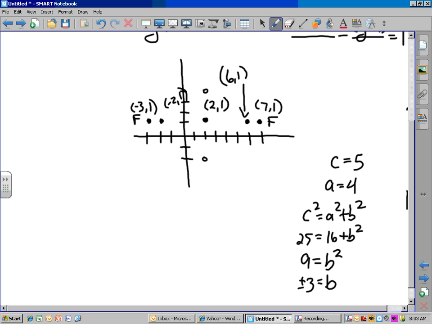Okay, and we can label those points if we want. That would be 2, negative 2, and 2, 3. What I can draw now is my fundamental rectangle.